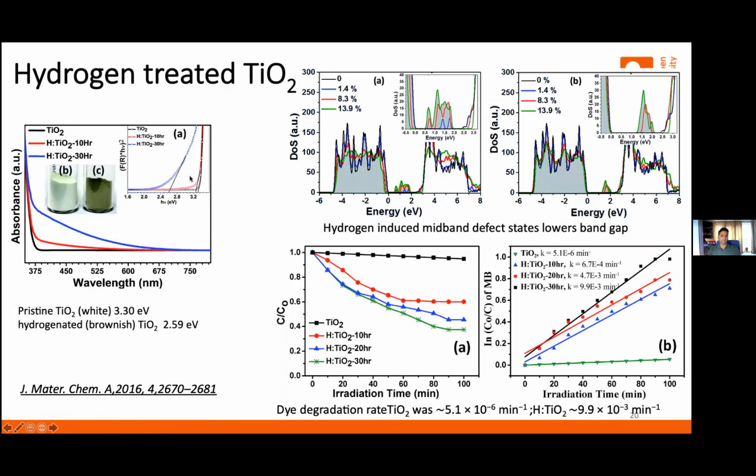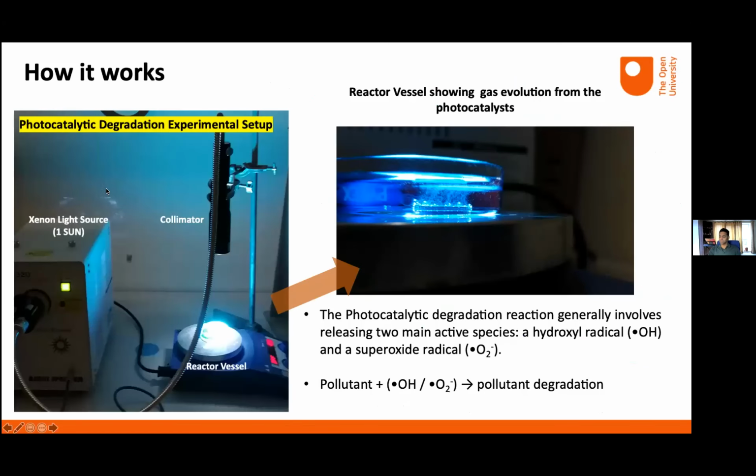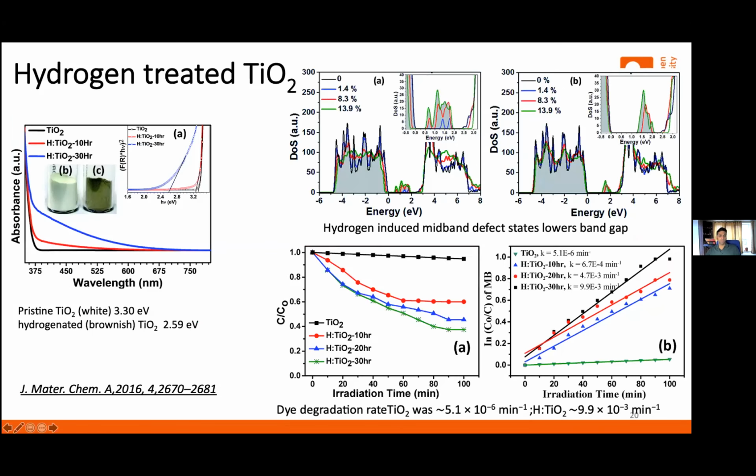degrades. So in the case of TiO2, this is pristine TiO2, and we plasma hydrogenate it in the chamber, and then we can clearly see the change in color, as you can see from UV-vis spectroscopy, where pristine TiO2 has a 3.3 eV band gap and 2.5 eV when hydrogenated.